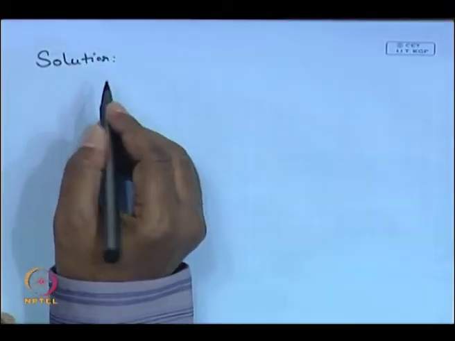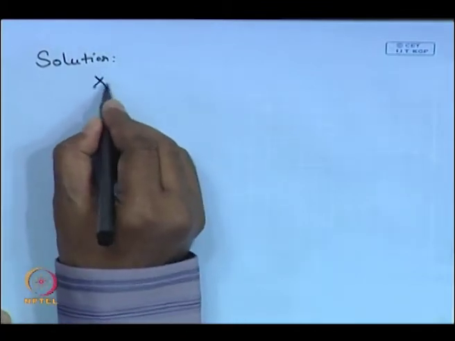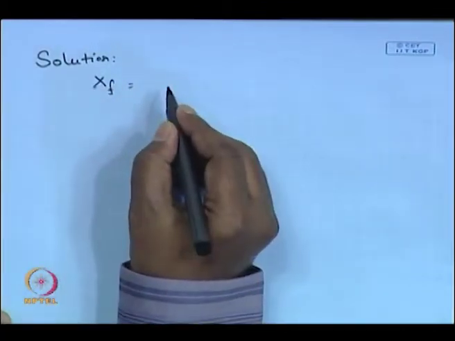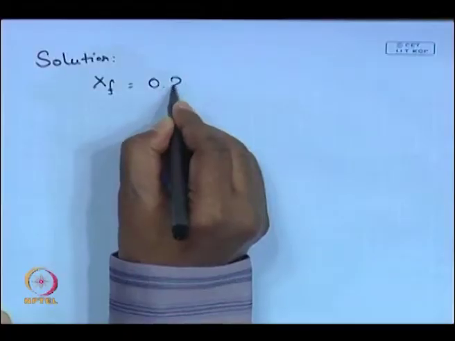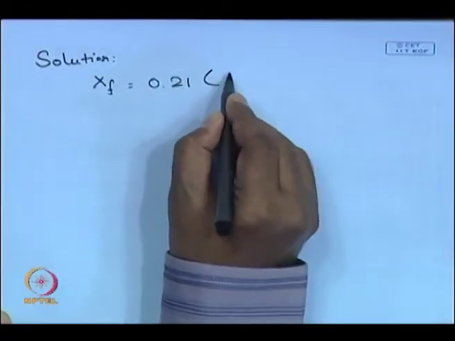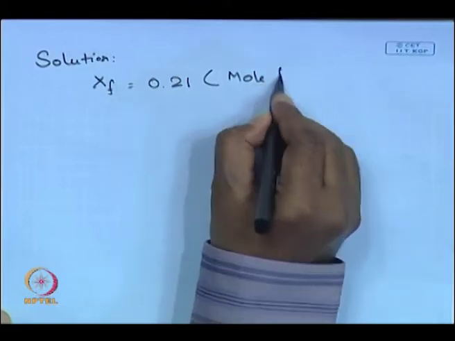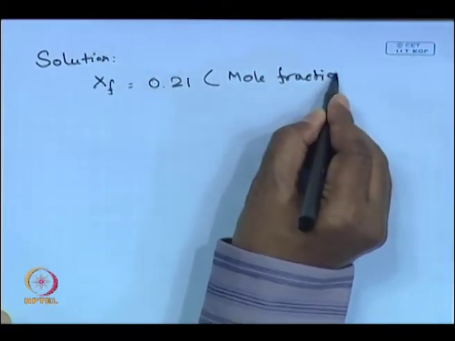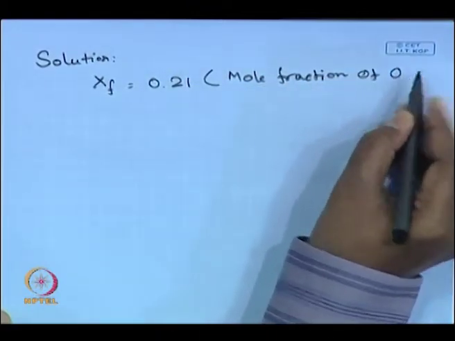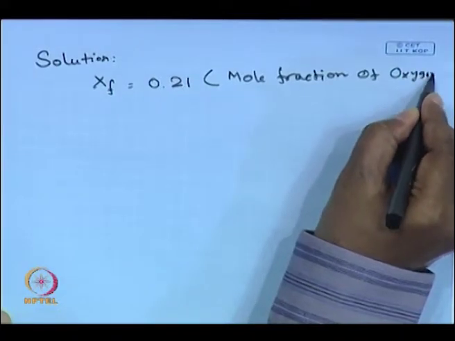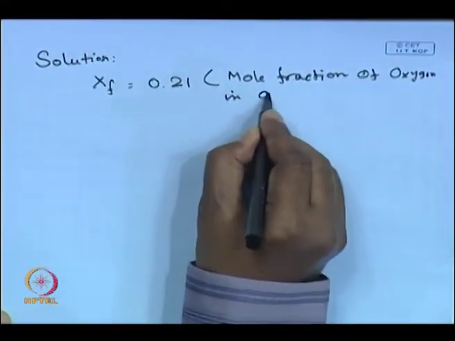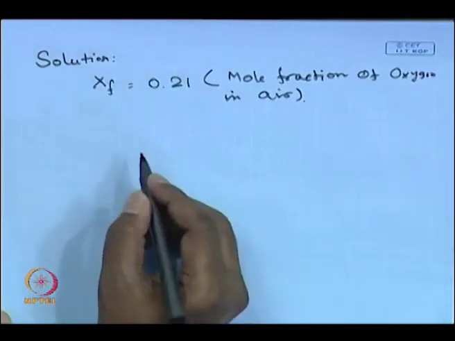The feed composition is known, because it is a case of air, oxygen and nitrogen. The mole fraction of oxygen in air is 0.21. Okay. So, we take XF as 0.21, that is the natural mole fraction of oxygen in air. Okay.